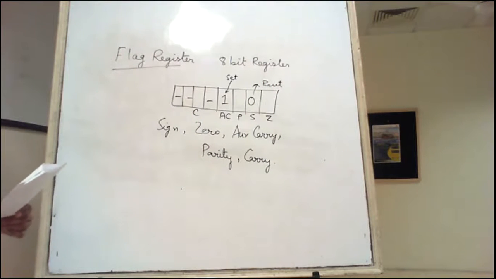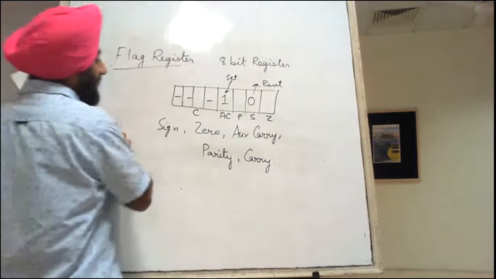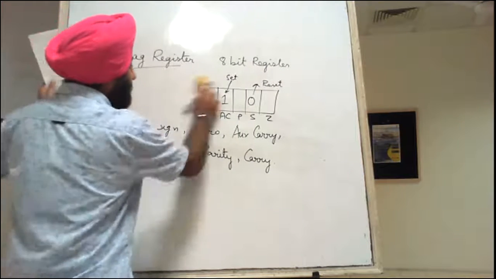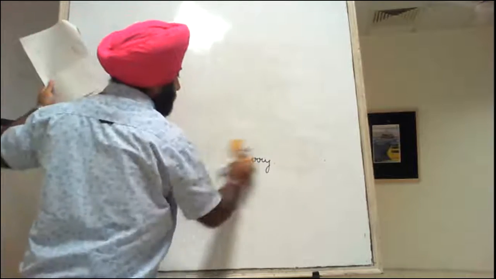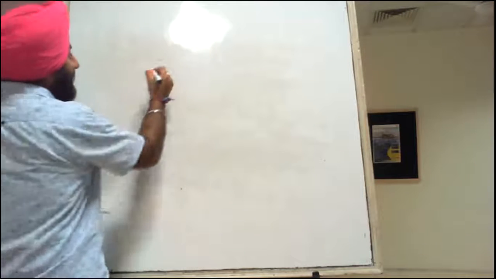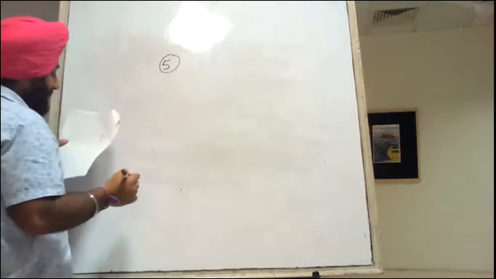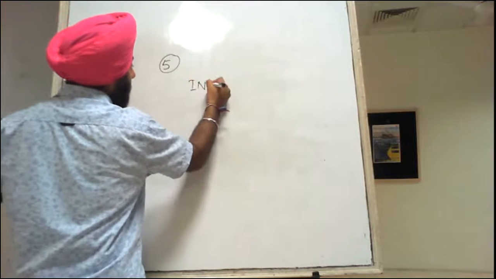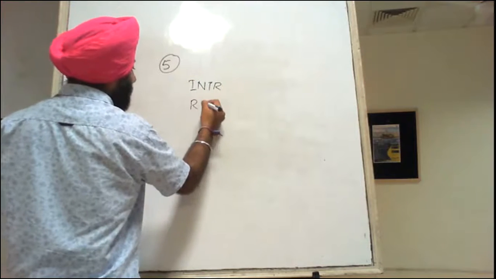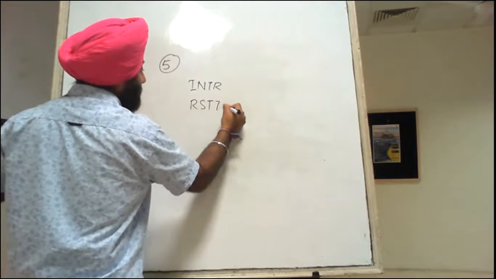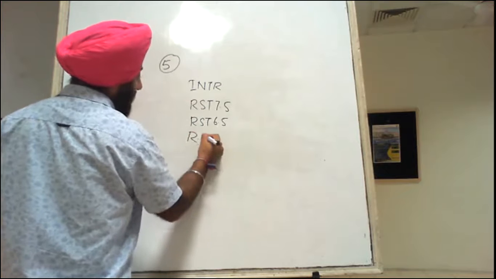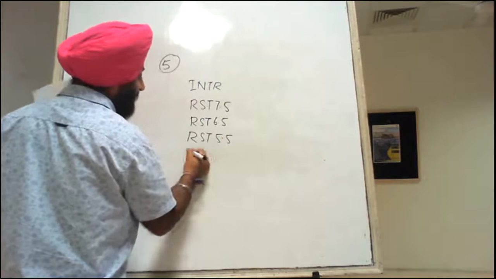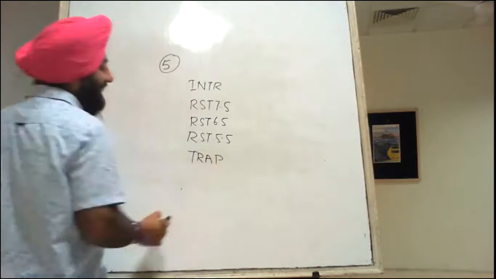Then we have interrupt signals. For 8085 we have 5 interrupts. The first one is INTR, then RST 7.5, RST 6.5, RST 5.5, and last but not least, TRAP.